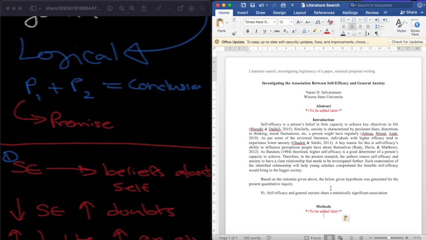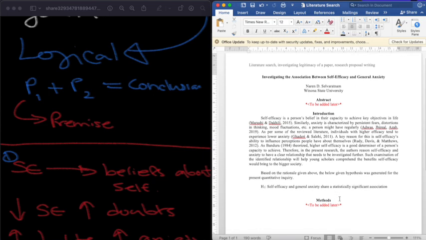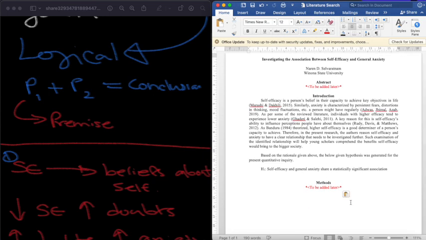Now, after introduction and before methods, there's another section called literature review. Now, a literature review is a separate section that we have to discuss, but considering that you guys are still in your first semester, I don't think this is the right time to discuss a literature review. But then again, now we have some understanding about finding literature.